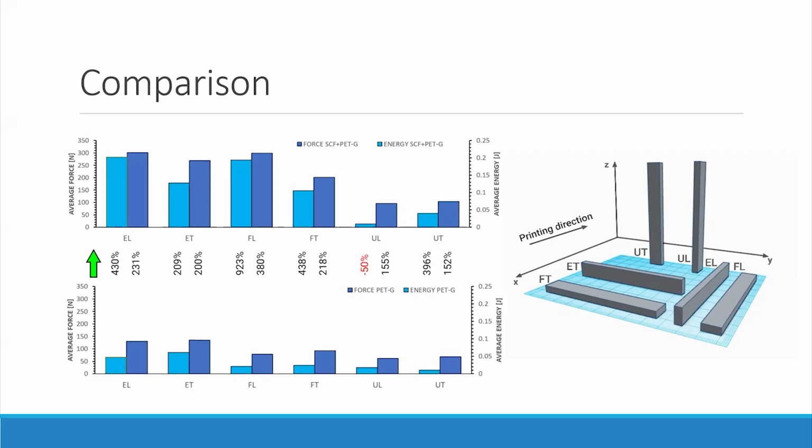Also, for the best performer of PETG material, EP, the increase is around 200%, and the only decrease is in the case of UL, upright longitudinal. So we can conclude that FDM in both cases leads to very different results for different filament orientations and different printing angles. But short carbon fibers improve mechanical characteristics.